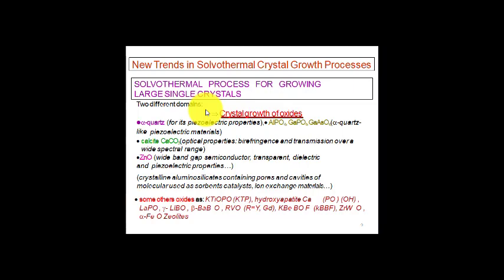Some other oxides like KTP, calcium titanium oxygen phosphorus oxide, similarly calcium phosphorus oxide and hydroxide, lanthanum phosphorus oxide, and some other materials which are given here, can be synthesized by using hydrothermal method, and especially the zeolites.